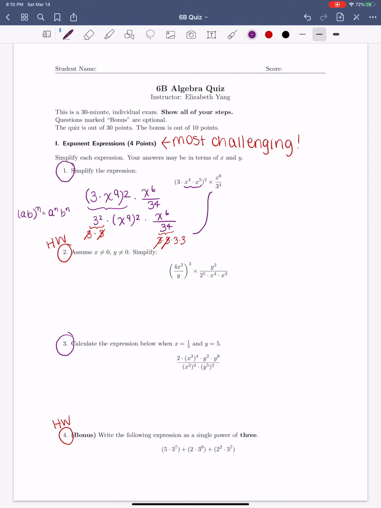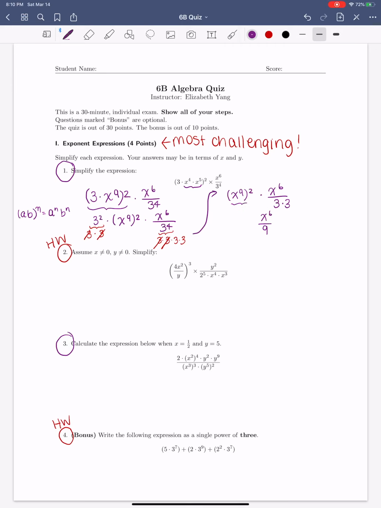So let's just clean that up a bit. Now we have x to the 9th, whole thing squared, times x to the 6th divided by 3 squared. Actually, I'll rewrite it as 3 times 3. At this point, there are no more 3s. I don't have to worry about simplifying 3s anymore, so I'm just going to combine those into a 9.